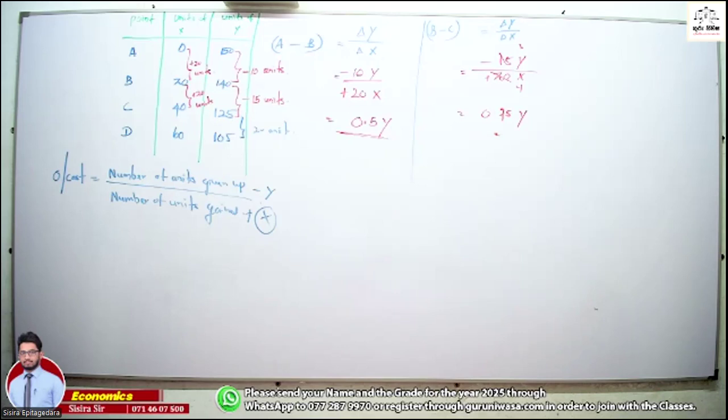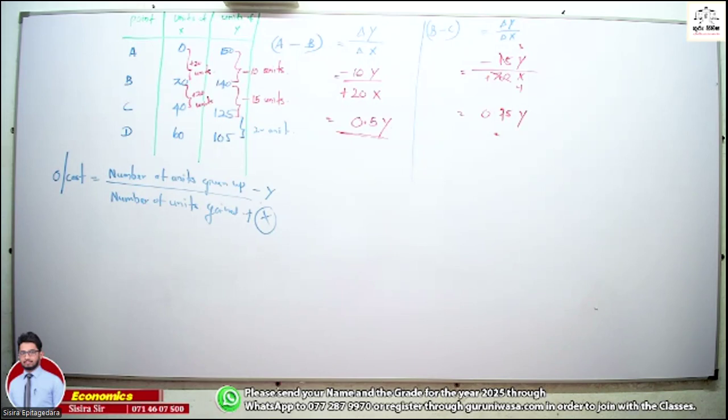Sir, is this answer in negative? Negative must be there. Why? Either when x rises, y falls. So the final answer should be minus. And also y should be there, lamai. It means 0.5 units of y need to be given now. Not just 0.5, 0.5y.